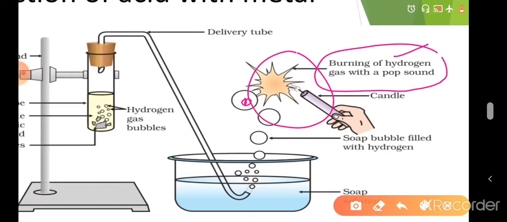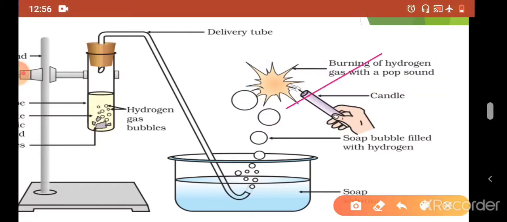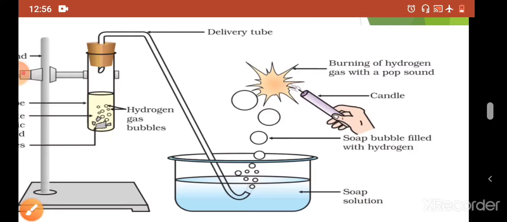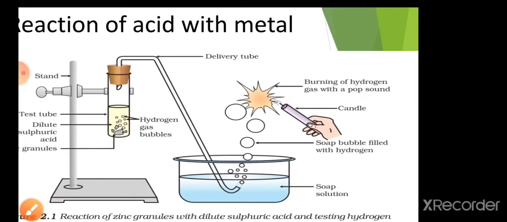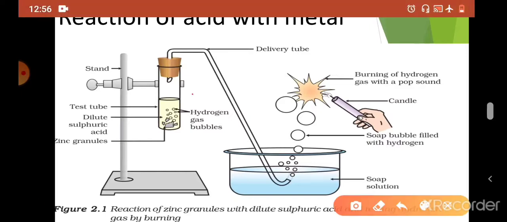So what are we concluding from this experiment? Once again I'm just going to zoom it out. So here we can conclude that when we mix this zinc and sulfuric acid, and when the gas is passed through the soap solution, the bubbles produce a popping sound.